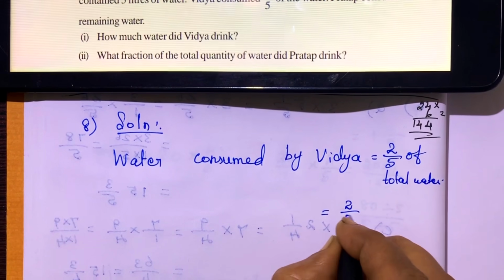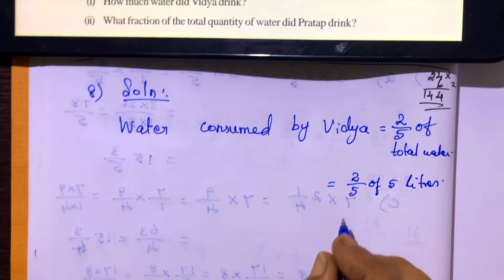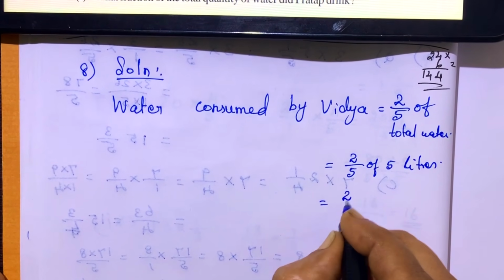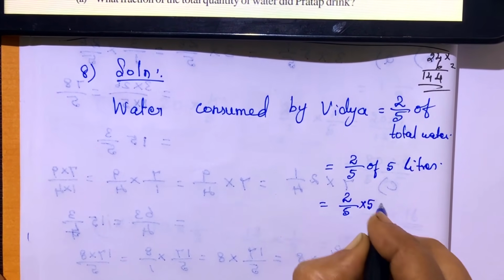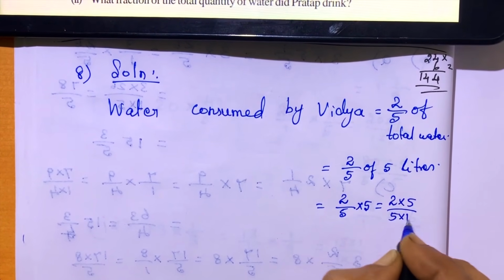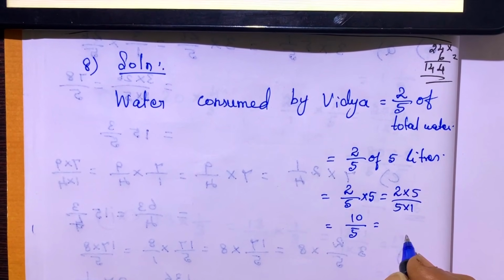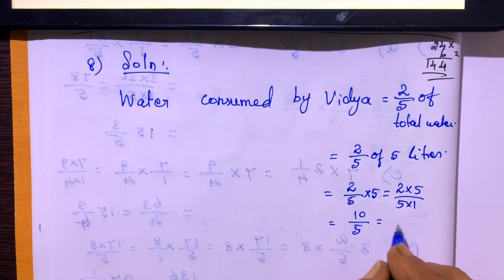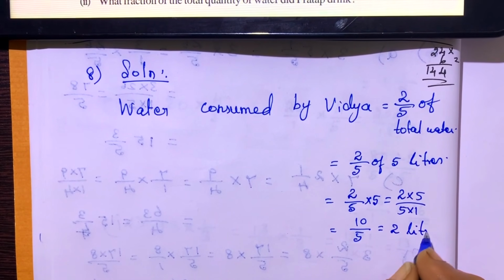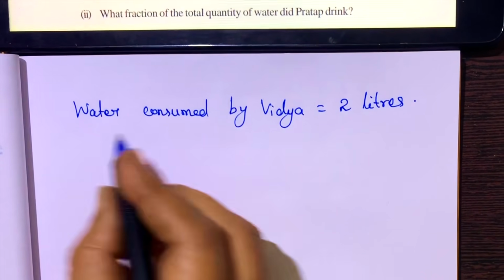So 2 by 5 of 5 liters. So you can find out 2 by 5 of 5 liters means 2 by 5 into 5, which is equal to 2 into 5 by 5 into 1, which is equal to 10 by 5, which is equal to, when you cancel you will be getting 2 liters. So water consumed by Vidya is 2 liters.